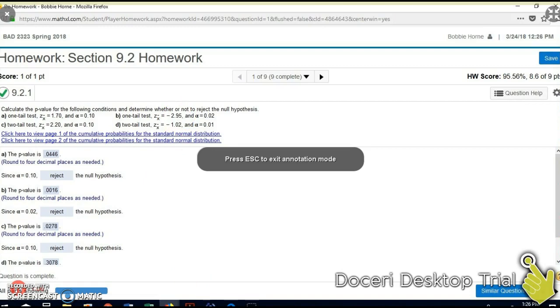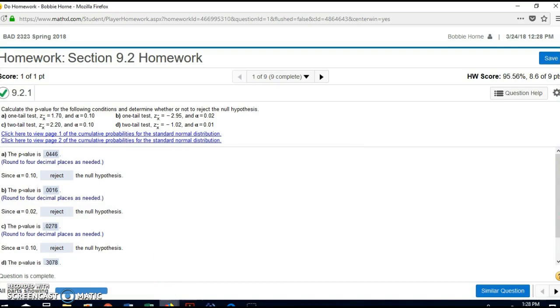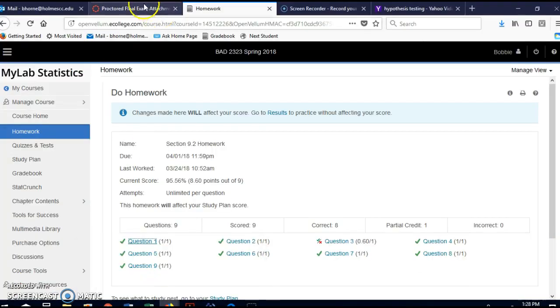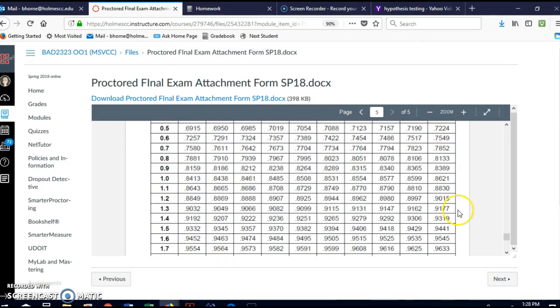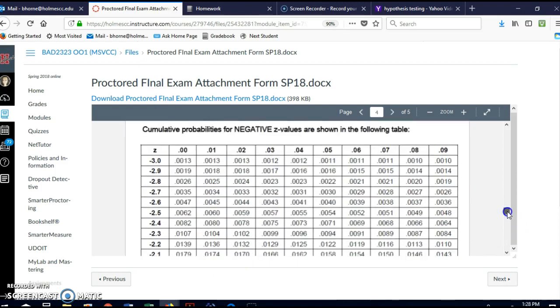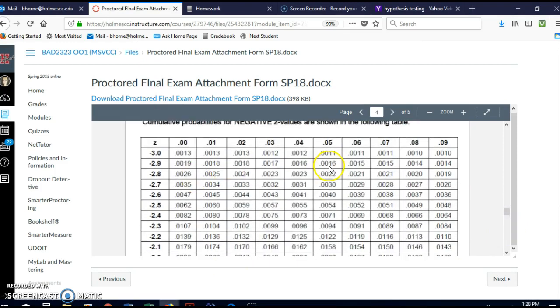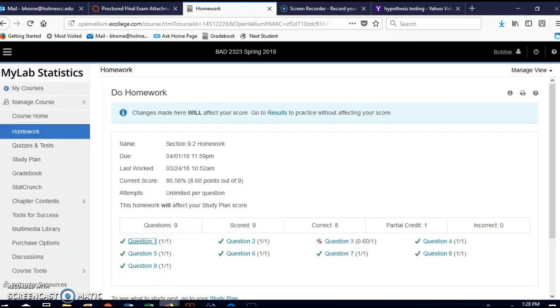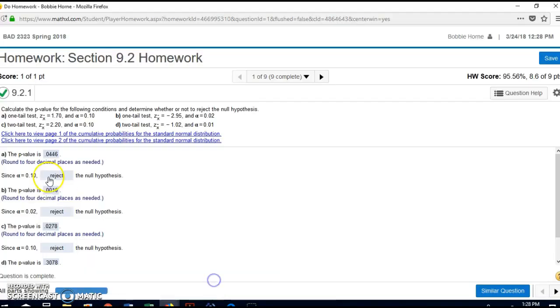If we look at the area to the left of negative 2.95, we get 0.0016. 0.0016 is your p-value. Since your p-value is less than alpha, again, we will reject the null.